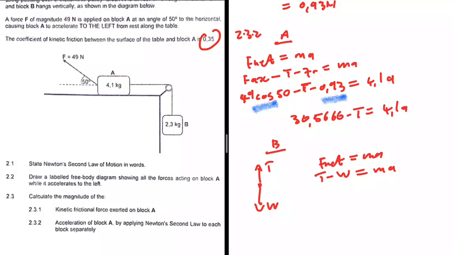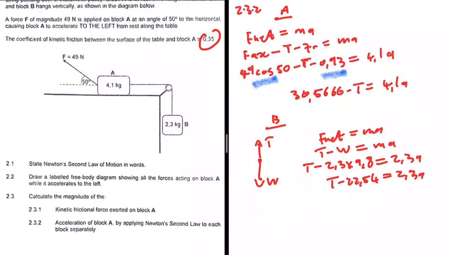The tension is unknown. The weight is 2.3 multiplied by 9.8. This is equal to 2.3a. What is 2.3 multiplied by 9.8? That is 22.54. So T minus 22.54 is equal to 2.3a.